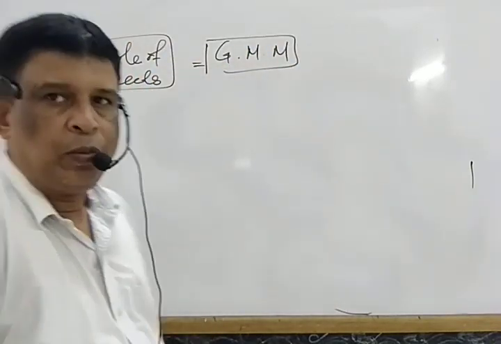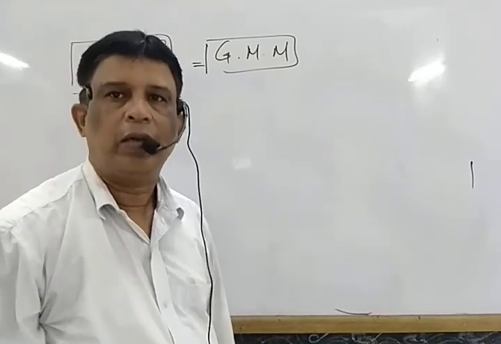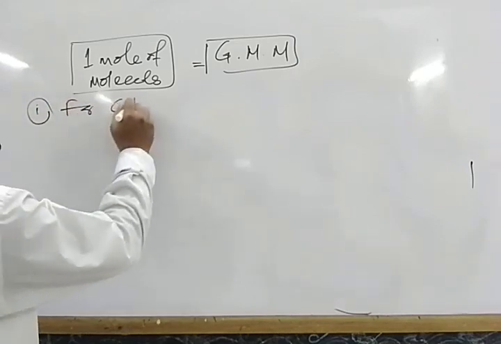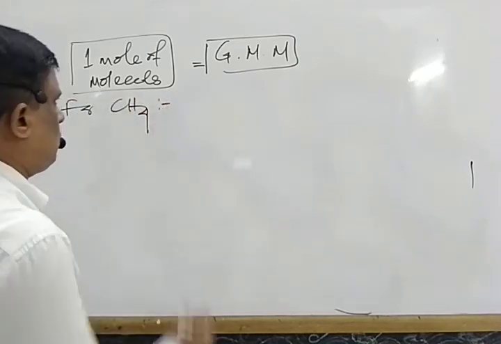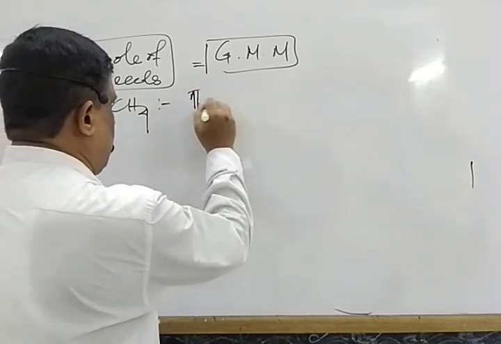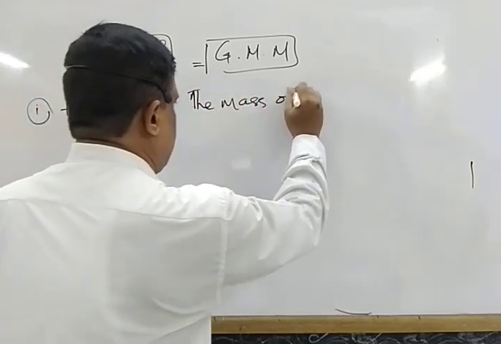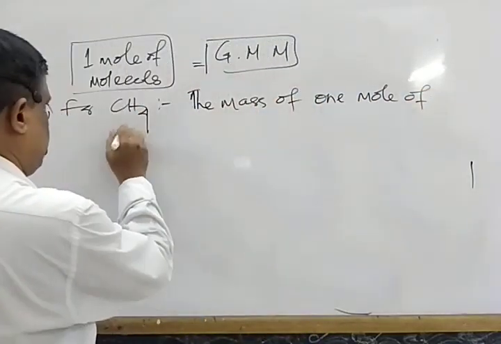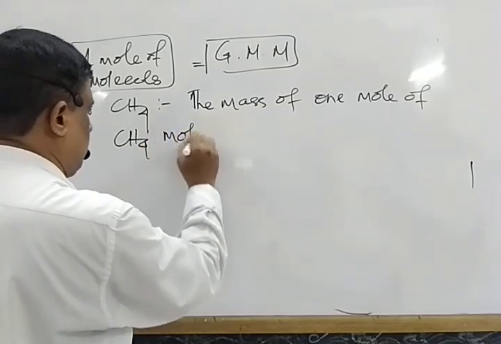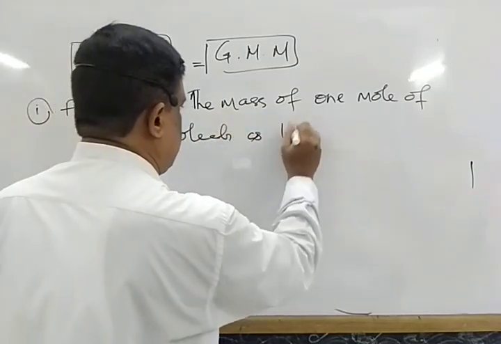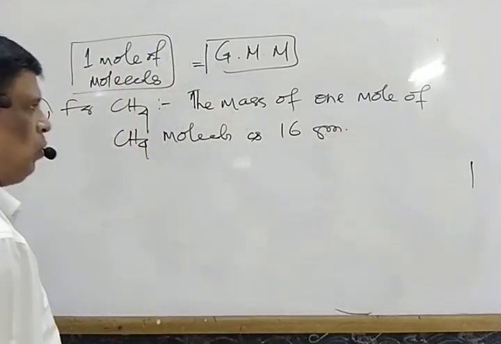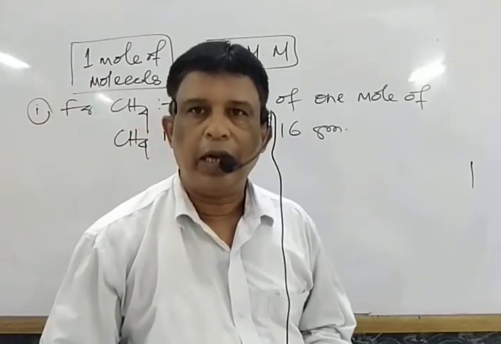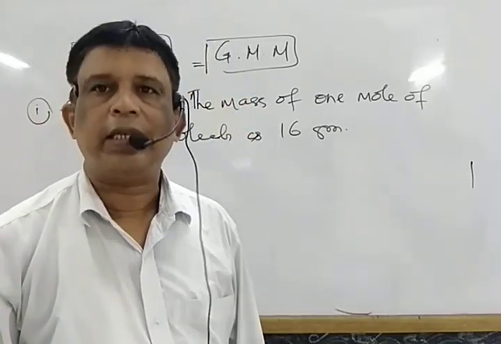From this relation, let us give one example, for CH4. The mass of 1 mole of CH4 molecule is 16 gram. The molecular mass of CH4 is 16 gram. So 1 mole of methane, its weight is 16 gram.